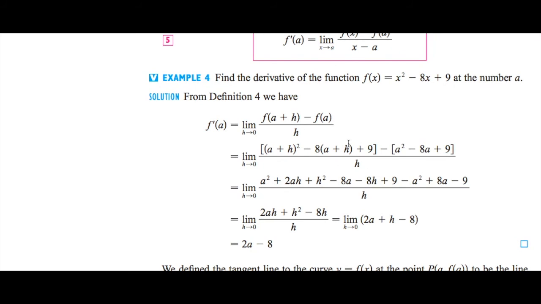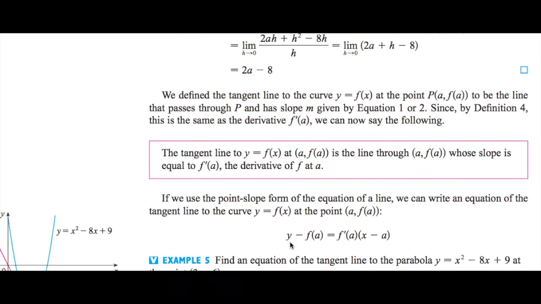Solve this. What you have to do is make sure you're able to cancel this h. If not, you're going to have 0 in the denominator and you're not going to be able to solve it. So until you're able to cancel that h, you're not done. Once you're able to do that, you can plug in h as 0 and then find your solution, which will be 2a minus 8 because h is 0.